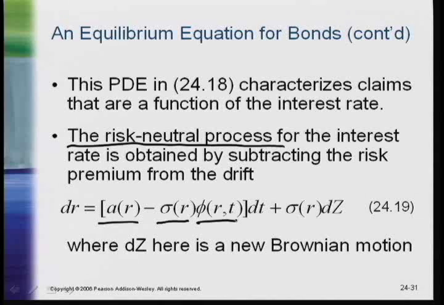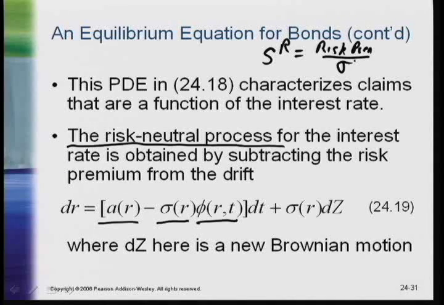We recall the definition of the Sharpe ratio. It's the risk premium divided by sigma. And I know what sigma is. So the risk premium is just the Sharpe ratio times sigma. So this is now going to be a risk-neutral process.